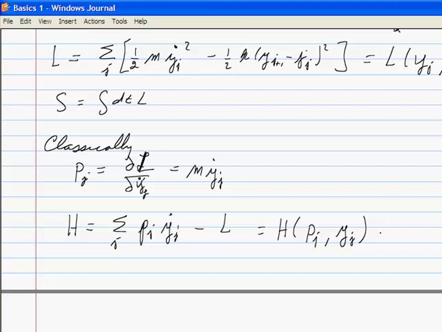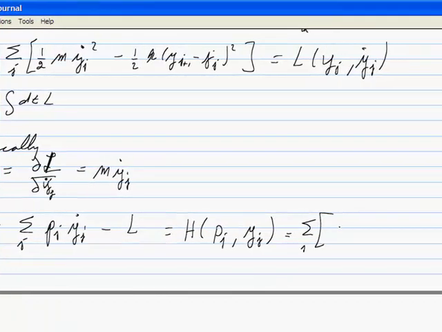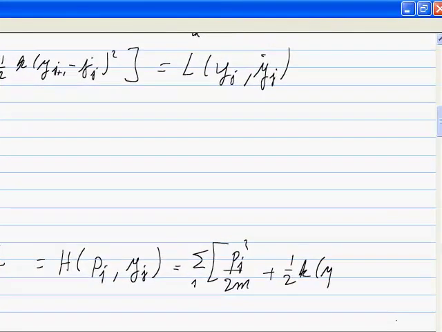Okay, and if you do that, that turns into the sum over j of p_j squared over 2m plus 1/2 k (y_{j+1} minus y_j) squared. Okay. So there's our setup.